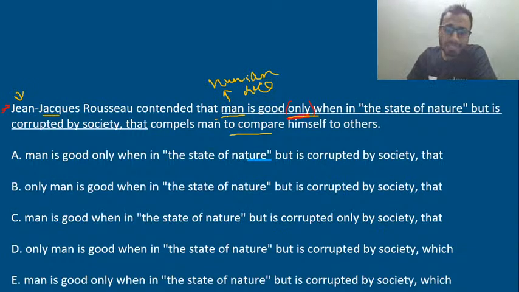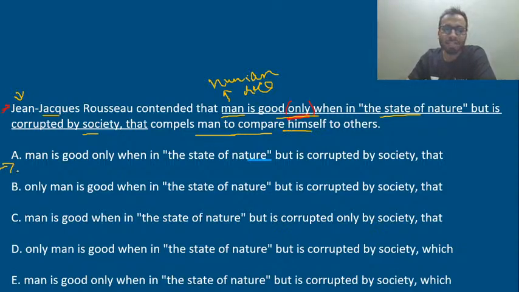So he contended that man is good only when in the state of nature. The human race is good only when humans are surrounded by nature, because when they enter society and are corrupted by it, it compels them to compare themselves with others. That is where things start going south.